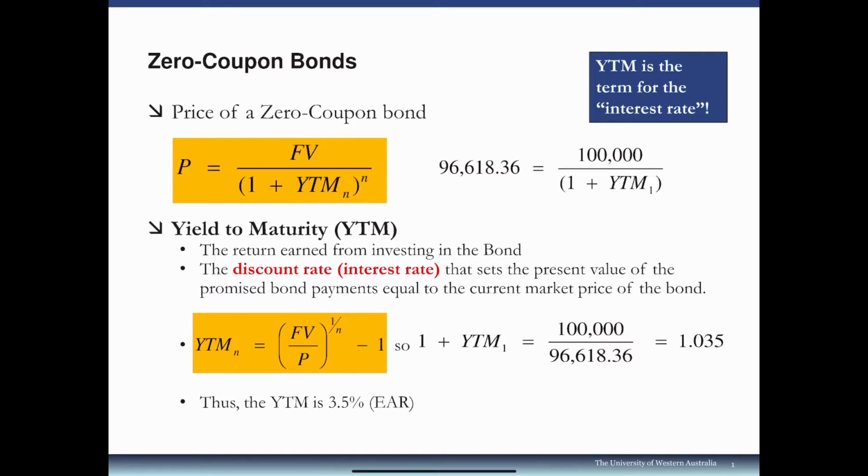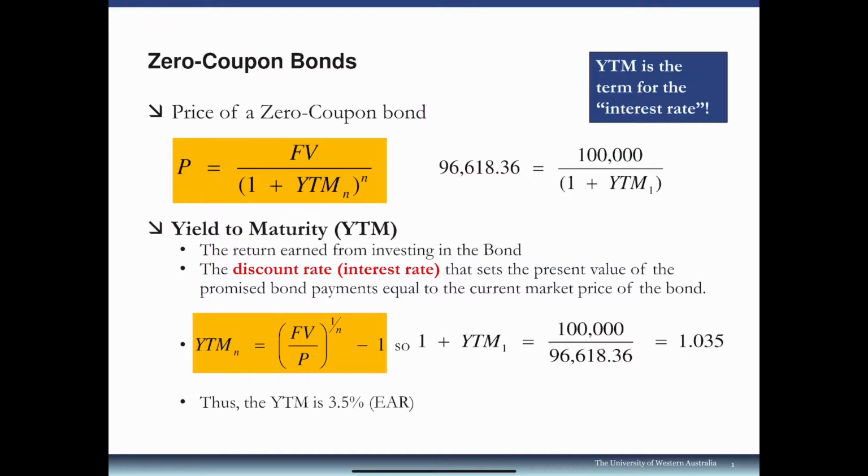So here, the price of a zero coupon bond equals, so that's a definition, the price equals the face value. So here, I have called it FV, but don't get confused with FV as future value. Here, FV is related to face value, the principal, divided by 1 plus yield to maturity, to the power of n.